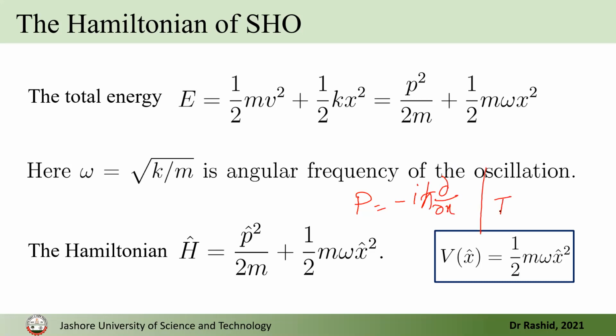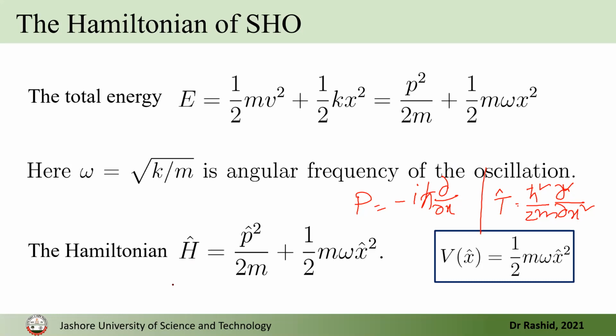So the kinetic energy operator is minus h bar square by 2m d square by dx square. Now you can clearly see that this term involves a second order derivative.